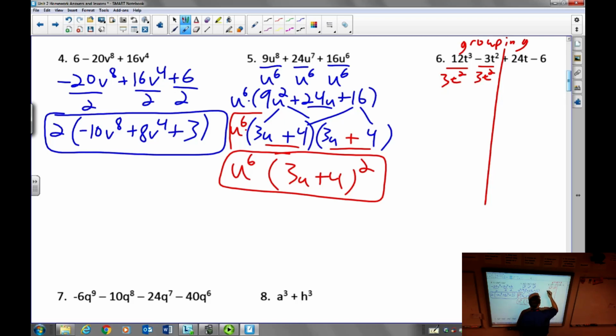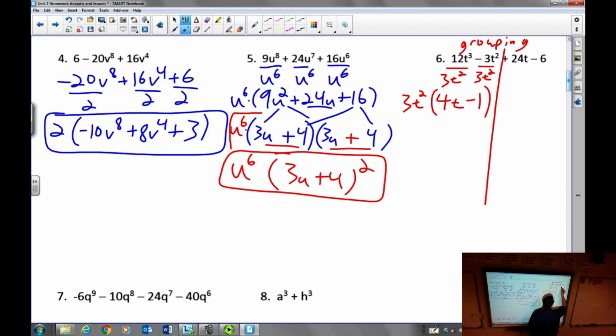So 12 divided by 3 is 4. Times that by the 3t squared on the outside. T cubed divided by t squared will be 1t left. And then minus 3t squared divided by 3t squared is 1. Good. Hopefully what we're trying to get now, that 4t minus 1 on the other side too.